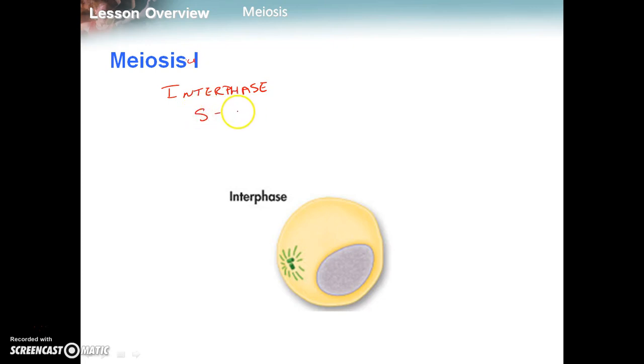During the S phase, we have DNA replication. I reserve the right to ask you questions about DNA replication, even though that was 2 units ago. I reserve that right, so make sure that you understand DNA replication. Each replicated chromosome is going to consist of those 2 identical chromatids joined at the center.